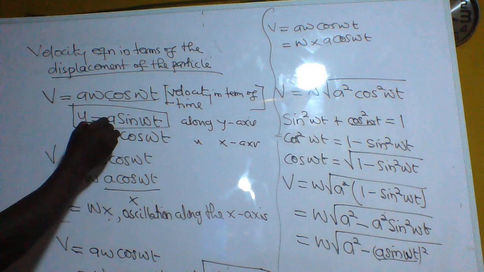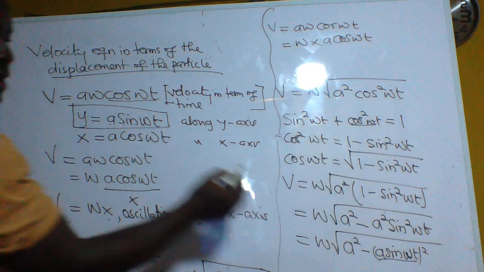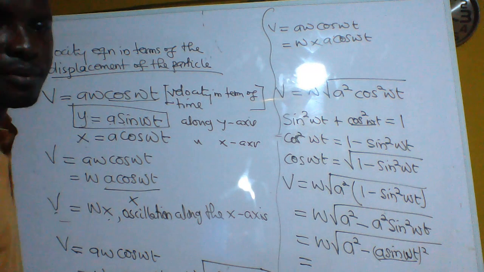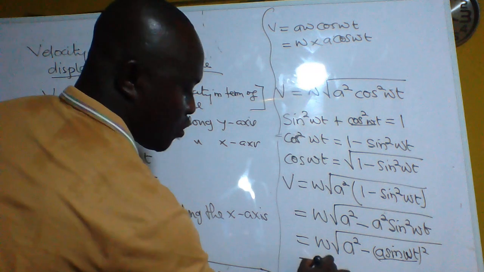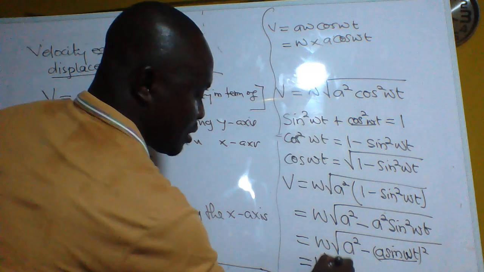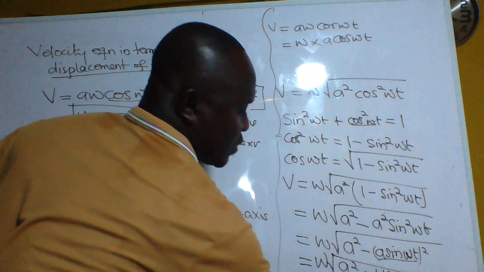Y is equal to A sine omega t. So quickly we can substitute y in place of this to have omega times the square root of A squared minus y squared.